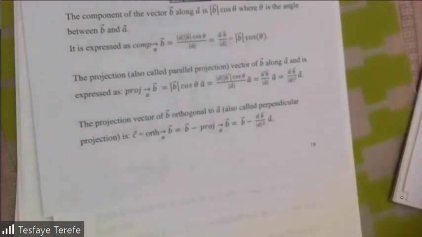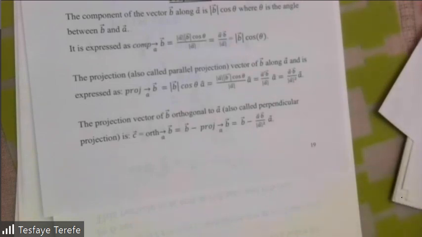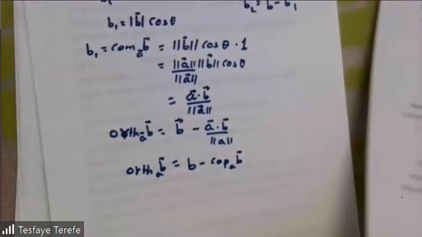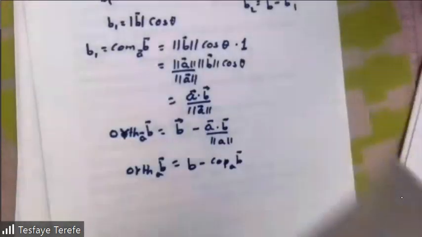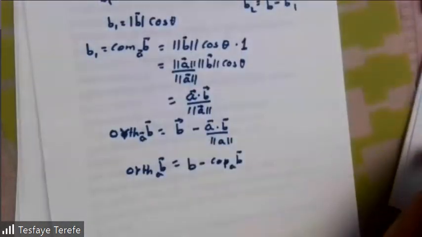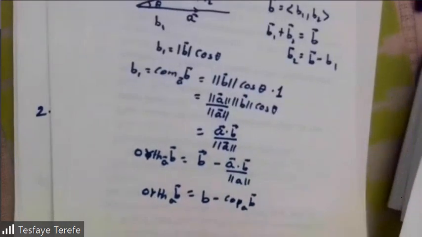Okay, let's do an example. Can you find the component, the projection, and the orthogonal vector for this two-dimensional vector?